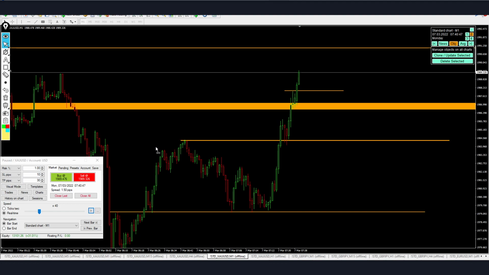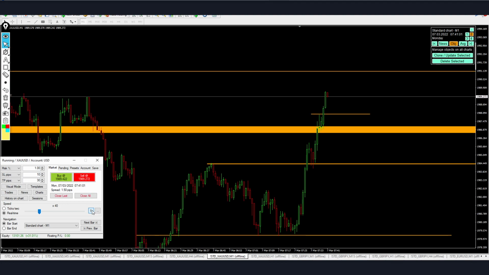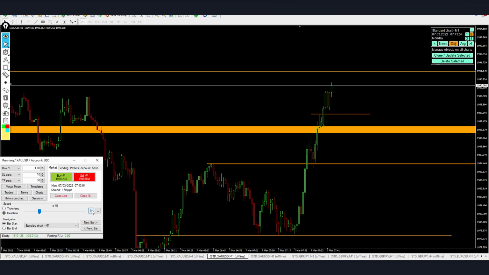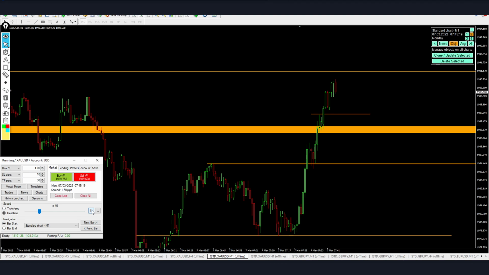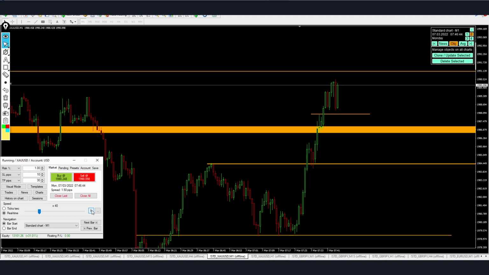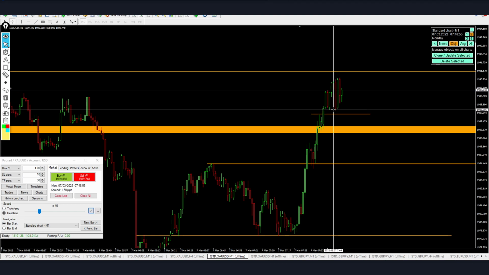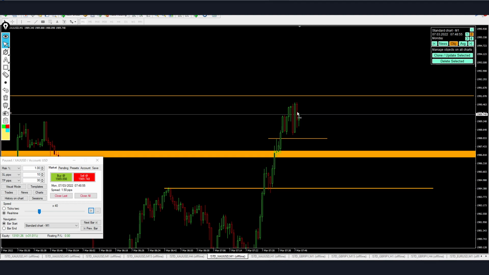Okay. Let's see. It will not get activated yet, but the volume was nice. Any entry over there doesn't make any sense because it's already around 20 pips away.